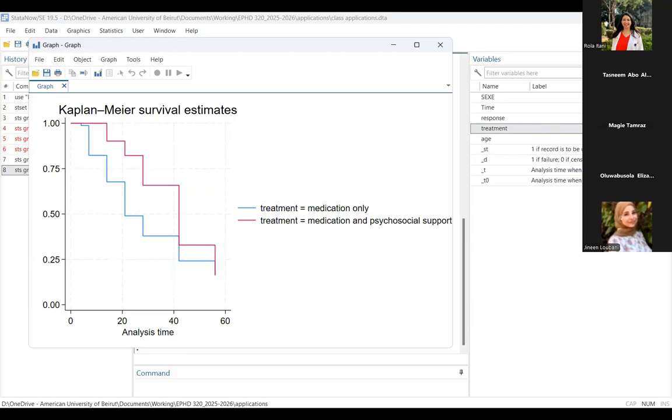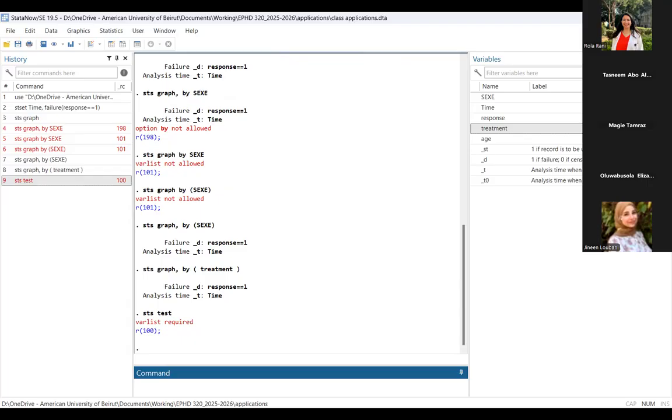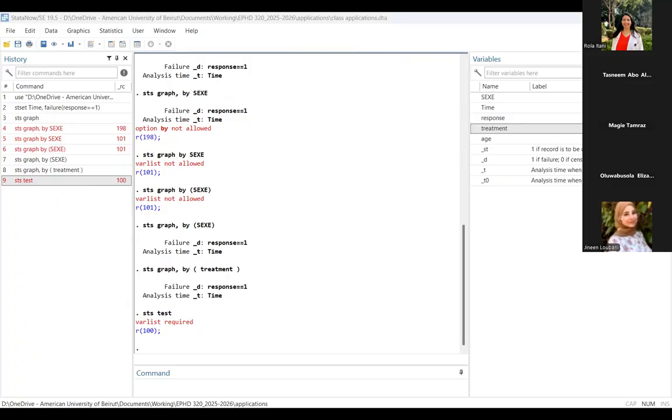And if I want to have the, I think it's STS test, to give you what do we need when we compare the two graphs? The log-rank. STS test. Is it STS test? I think it's STS test.